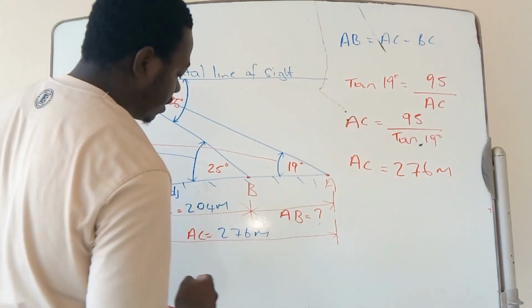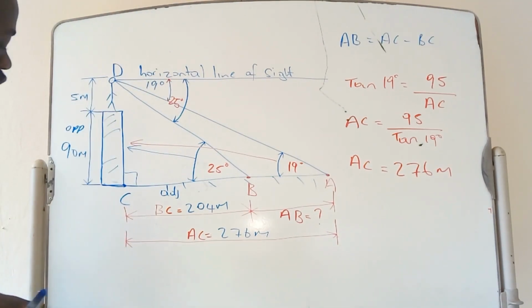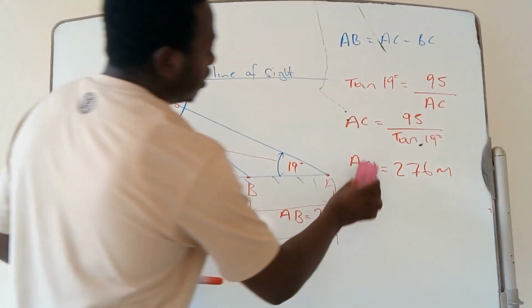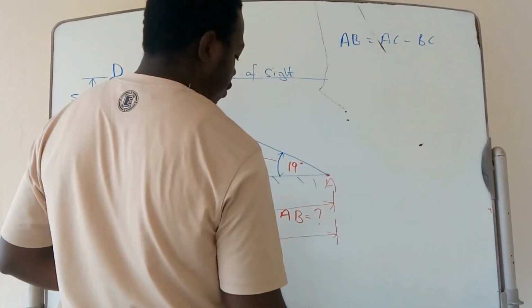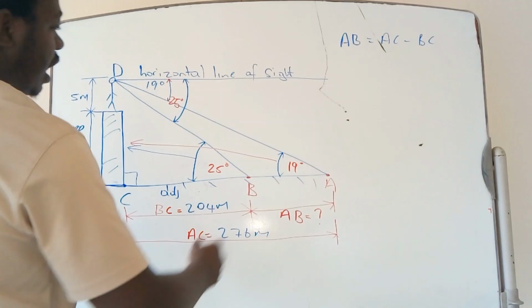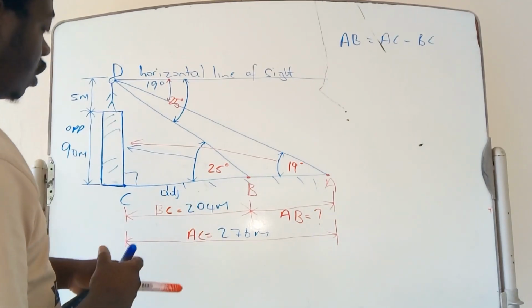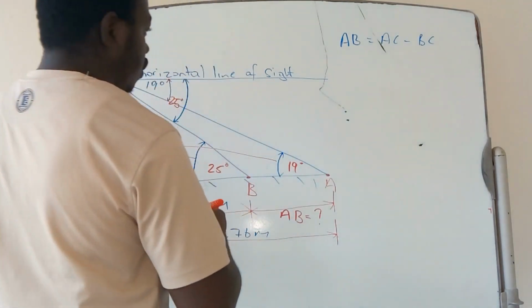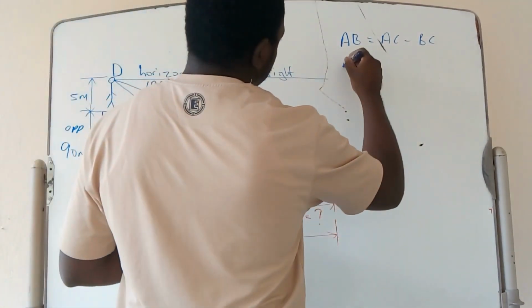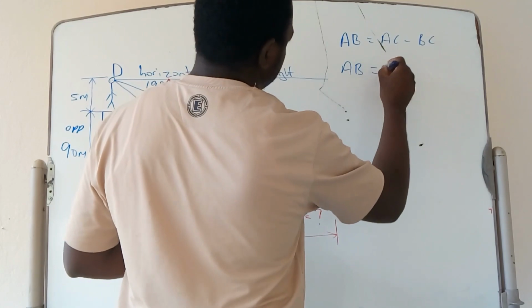So now we know that this length here is 276 meters, right? So therefore we can go ahead and find the value of AB, which is the distance between both cars, where both cars park. So we know that AB is equal to AC minus BC. So therefore, AB is equal to AC.